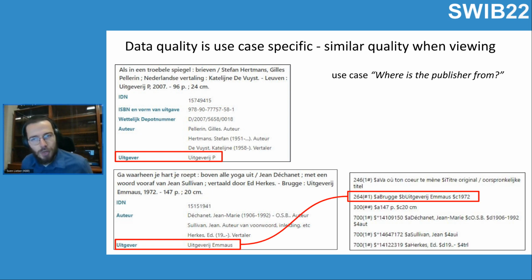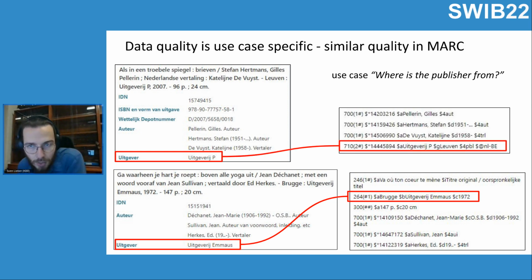If we go further and would like to know where the publisher is from, and we look at the actual MARC data, we see that the data is stored in different MARC fields. So we know that here the publisher comes from the city Bruges, and we see the name of the publisher in a different field. Similarly, for the first record, we also get a MARC representation where we can see that the information is stored in a structured way.